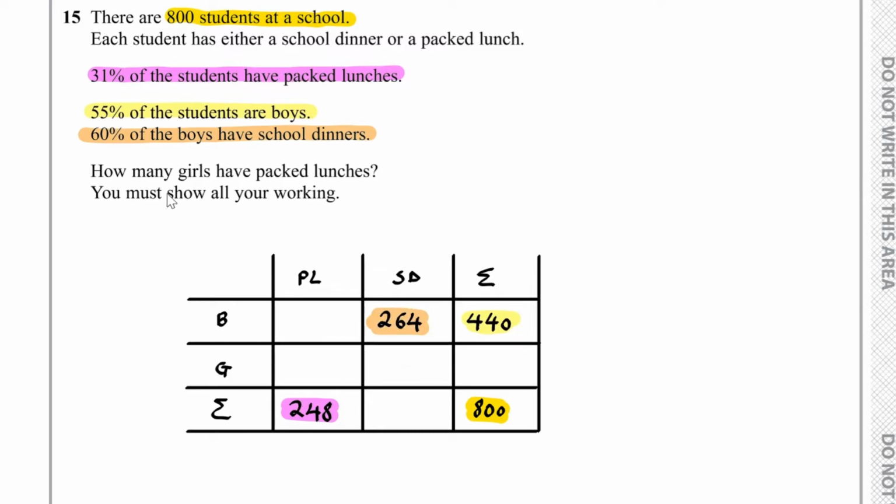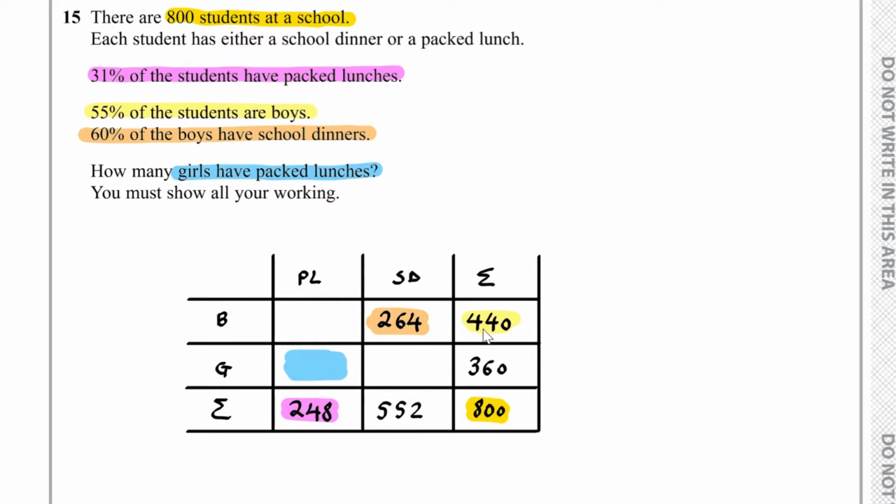And we need to work out how many girls have packed lunches. So for that question, girls who have packed lunches is this element box over here. So to work this out, well, 800 take away 248, that's 552. So we have 552 people in total who have a school dinner. 800 take away 440, you'd find that to be 360, so there's 360 girls.